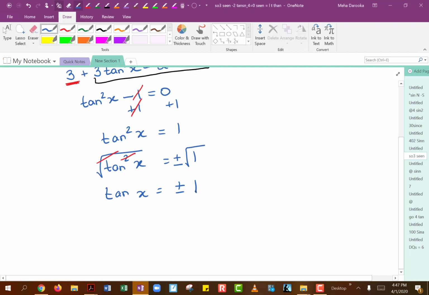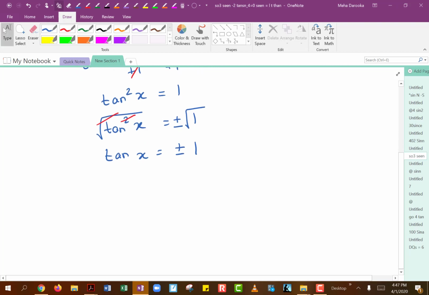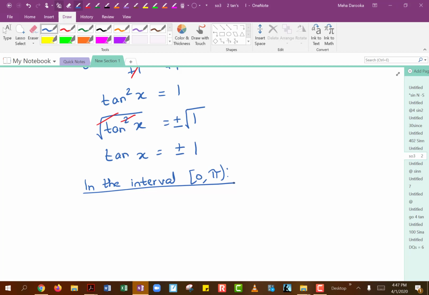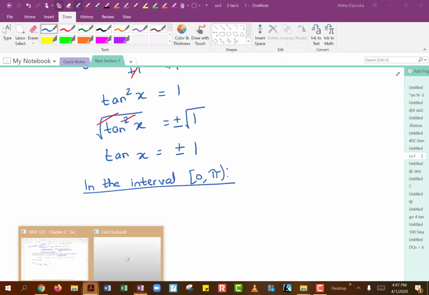Now remember the period for the tangent function is only pi. So for now we are going to be looking for answers in the interval going from 0 to pi. Okay? So 0 to pi, and we want to see where the tangent function is going to equal positive or negative 1.